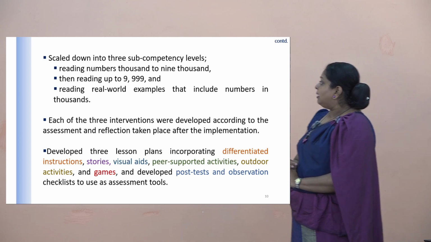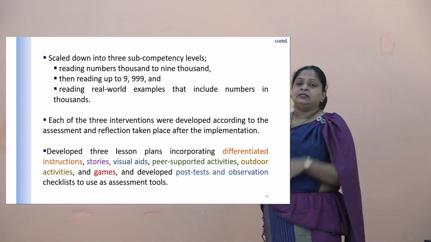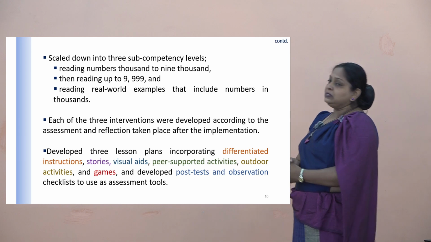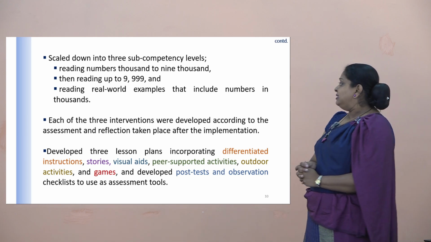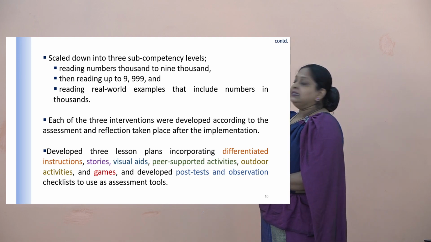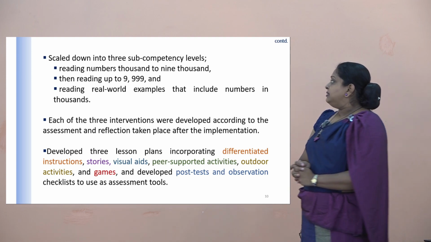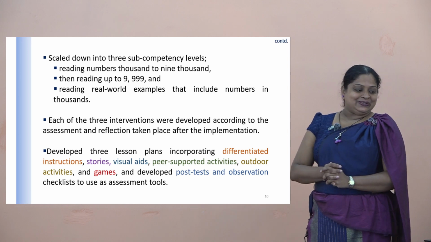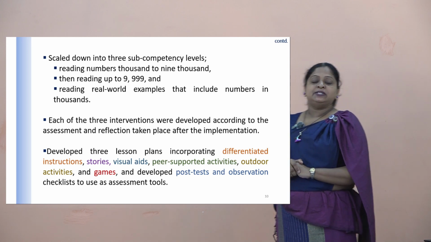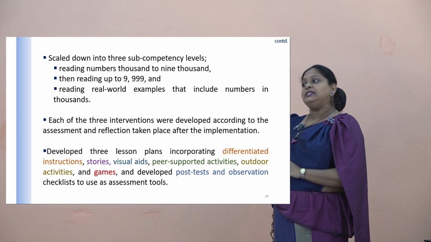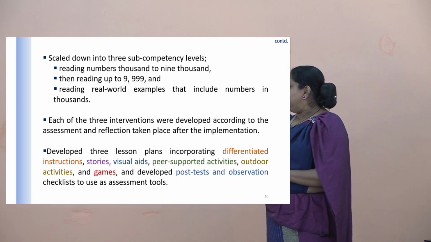The first one was reading numbers 1000 to 9000, like 1000, 2000 and 3000, and so forth. Then reading up to 9999, and the final one was to read real world examples that include numbers in thousands. Each of these interventions was developed according to the assessment and reflections after each and every implementation.